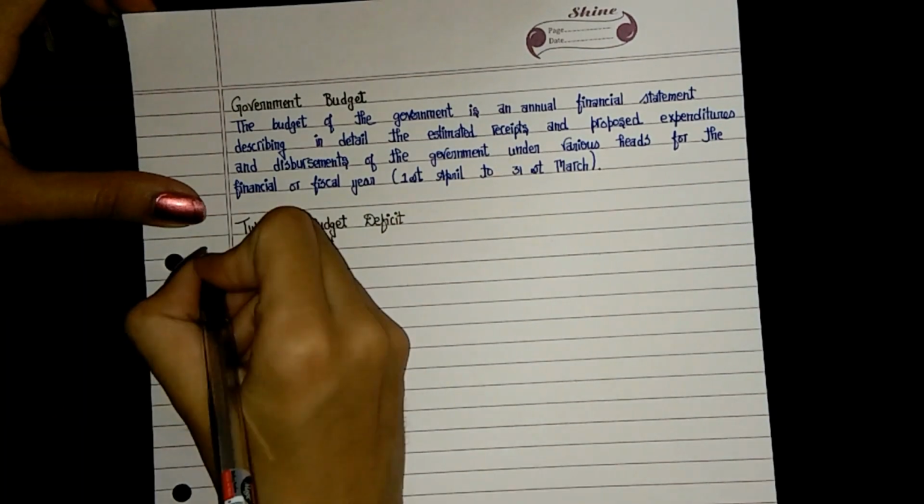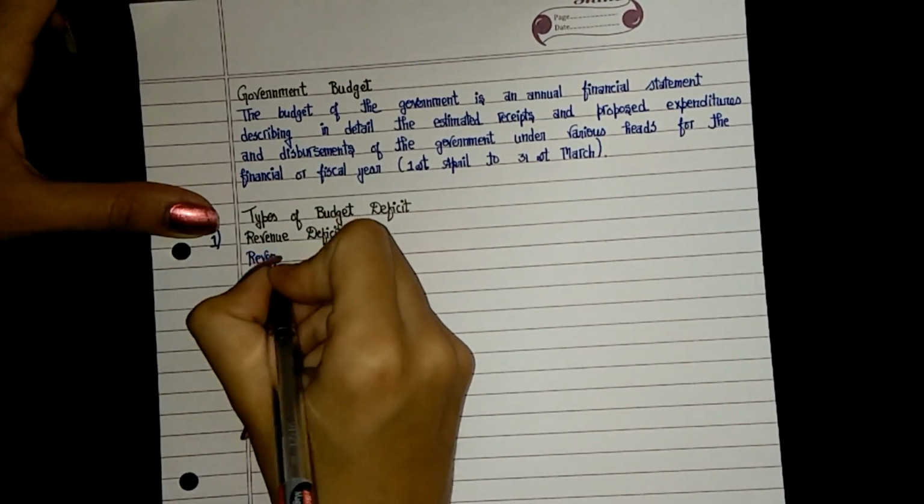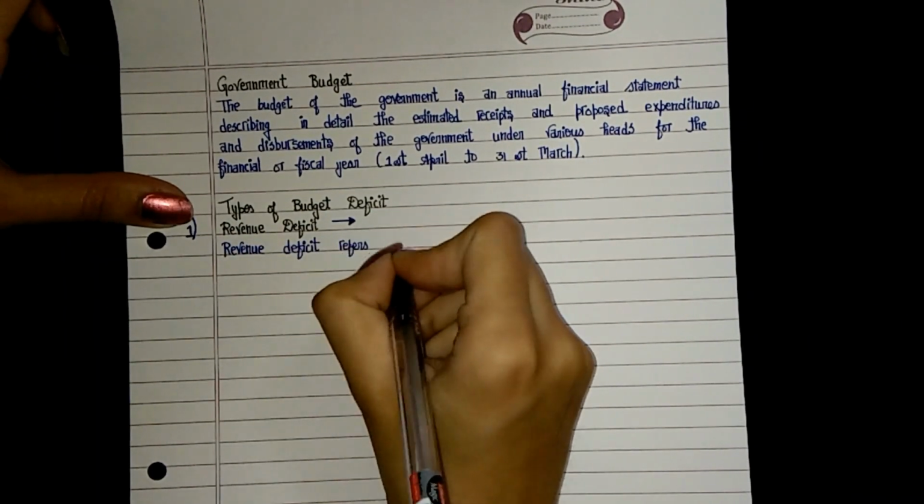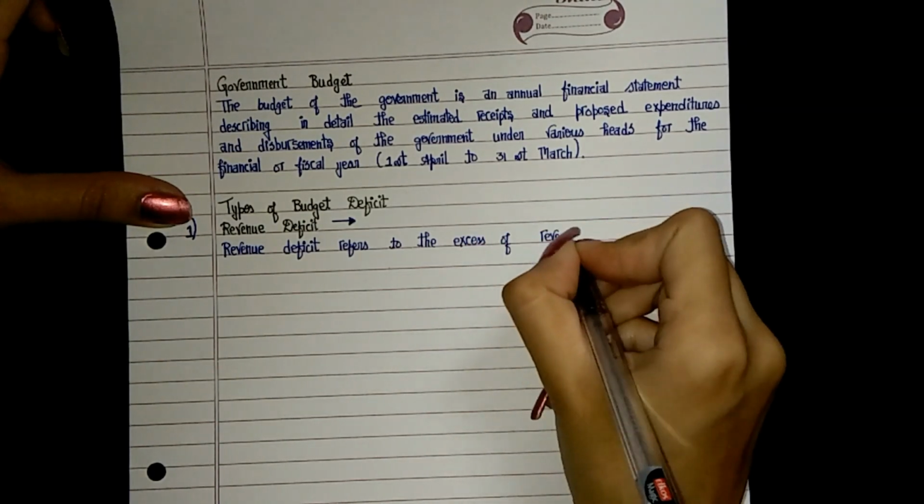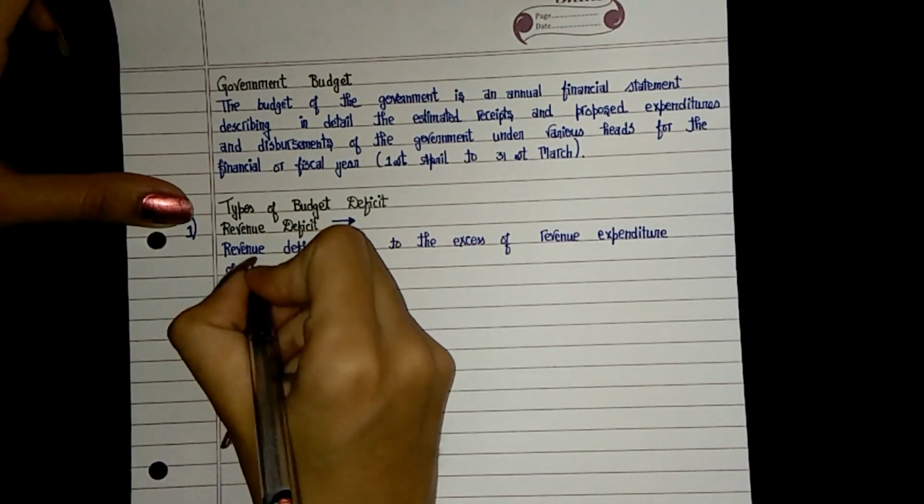And now we come to page number 329, the types of budget deficit. Over here you have to write the revenue deficit.